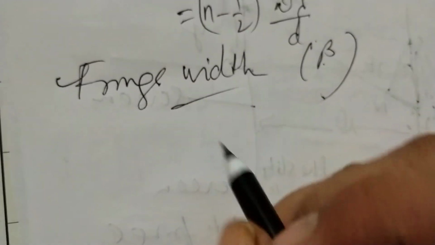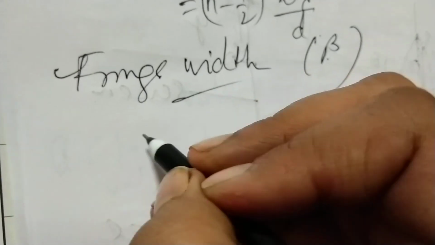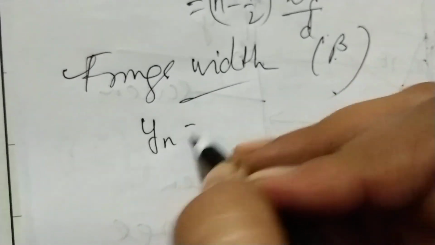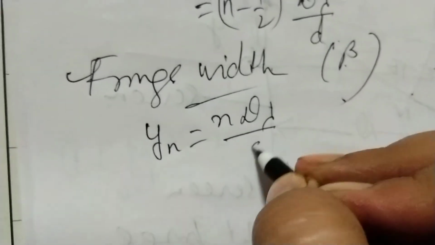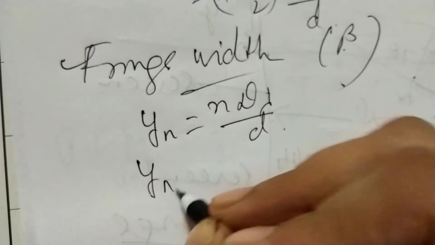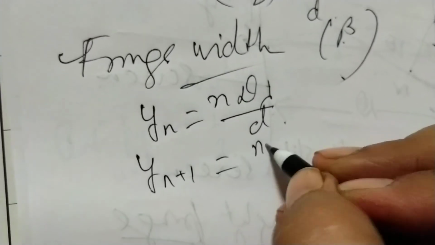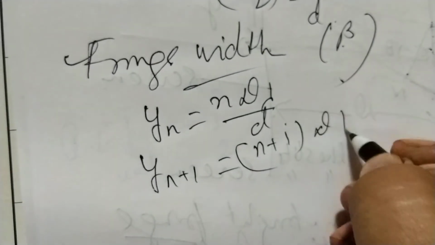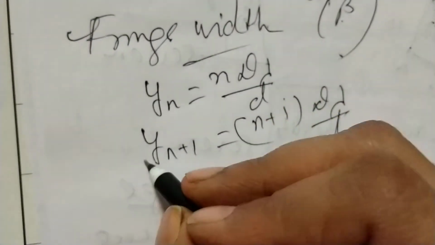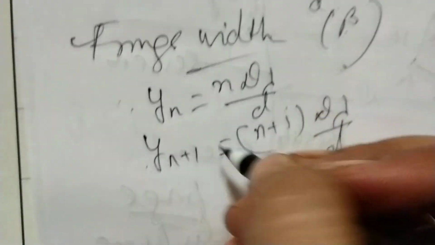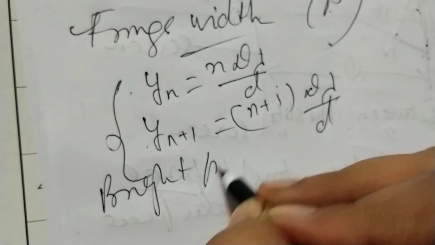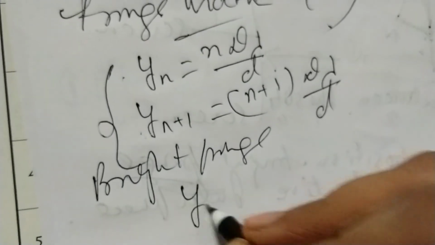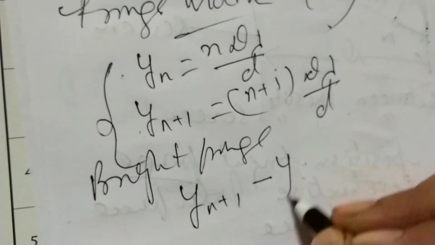So for the bright fringe, what equation did we get? We had y suffix n. If I take y n, it should be n D lambda by small d, and for y n plus 1, it will be n plus 1 D lambda by small d. To find the width of the bright fringe, it will be y n plus 1 minus y n, which is equal to beta.